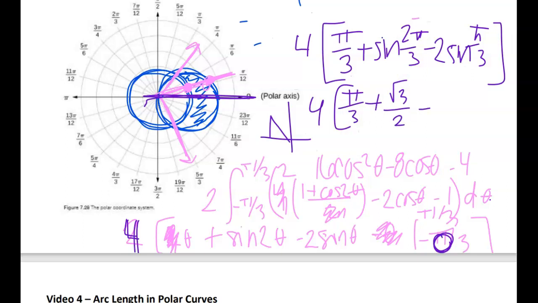And then minus 2 root 3's over 2's. So I just have minus 1 root 3 over 2. And then that's going to be my area for the whole shebang because I'm multiplying by 4, which is the doubles. So that should be good to go.